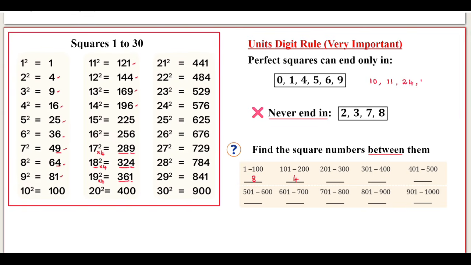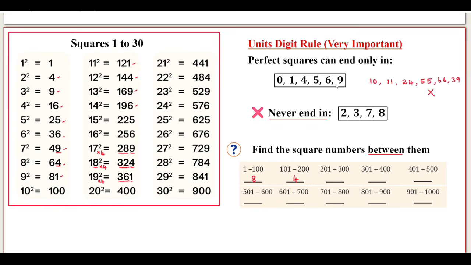No. 55 is ending with 5, is it a perfect square number? No. 66, or 39, are these numbers perfect square numbers? The answer is no. Okay, here what they are trying to say is that the square numbers can end only in these digits.